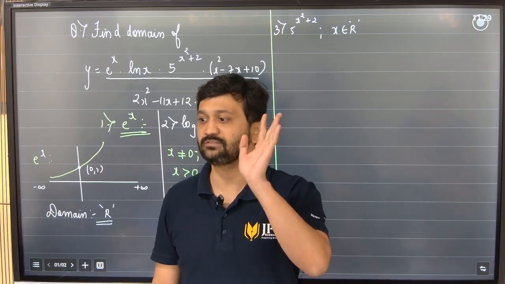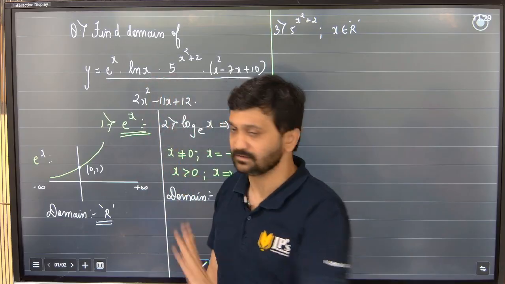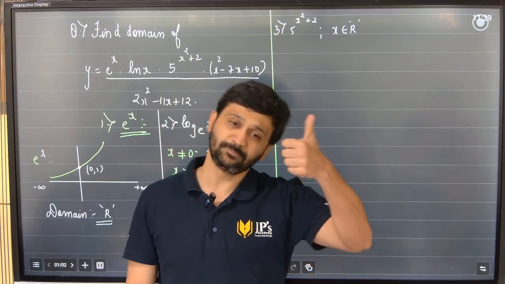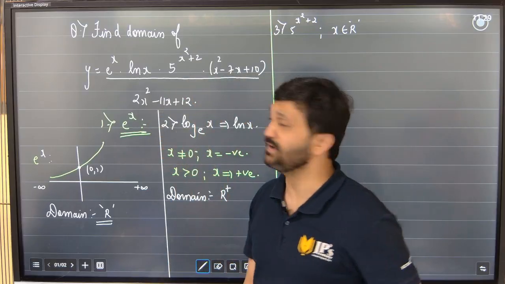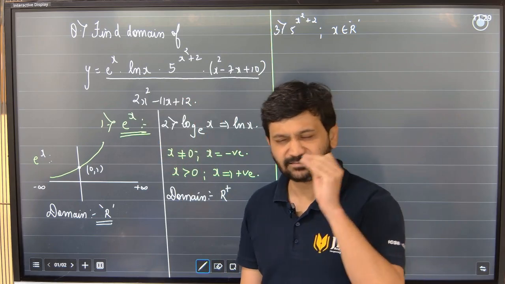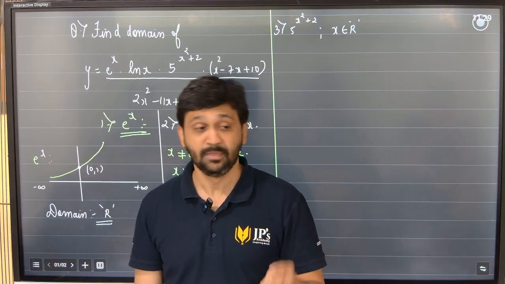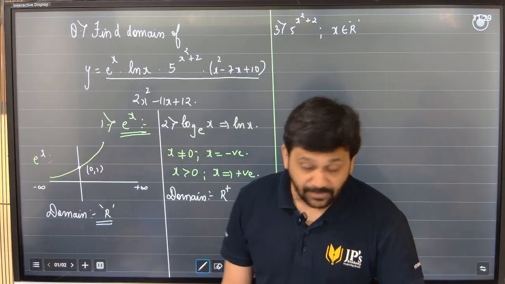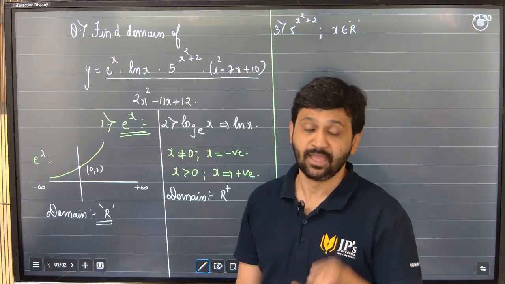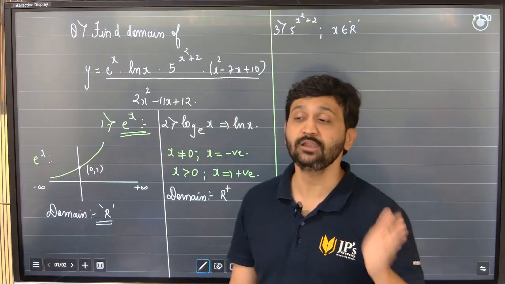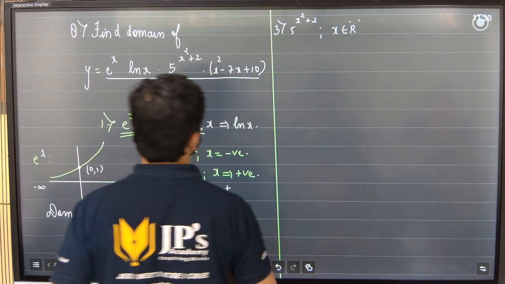Take x as 0.1, use a calculator if you want, you'll get an answer. And if you get an answer, it means you can use that value of x. So the first part is exponential, and the third part is also exponential, 5 raised to x square plus 2. As soon as exponential comes, you know your domain is going to be all real numbers, because you put any value of x and you will get an answer, and that means your domain is all real numbers.